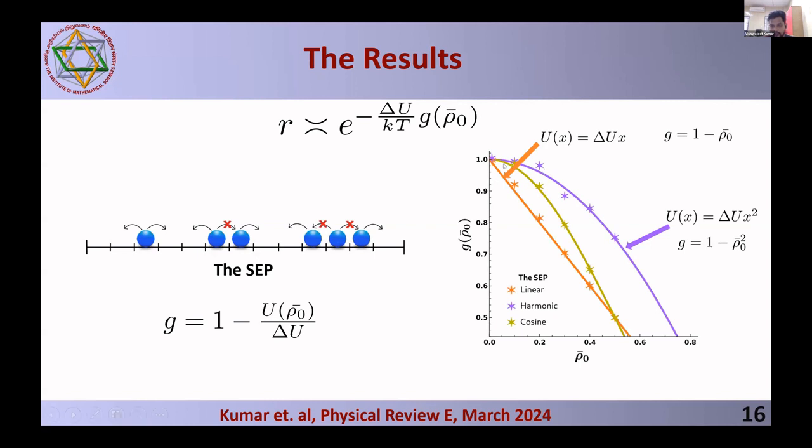And consider, for example, the linear potential landscape shown by this orange plot, where we have taken this potential to be delta U times x, and we get that G is equal to 1 minus rho 0 bar. Similarly, for harmonic potential, we get G equals 1 minus rho 0 squared.